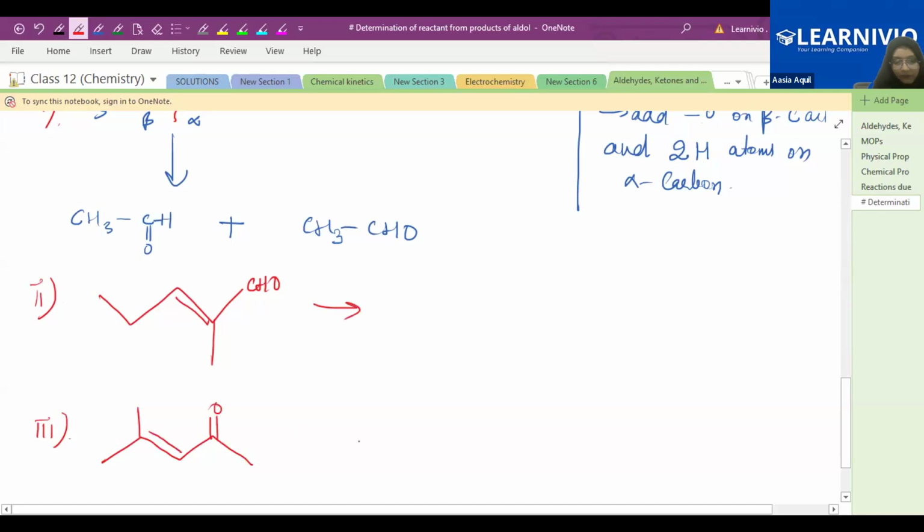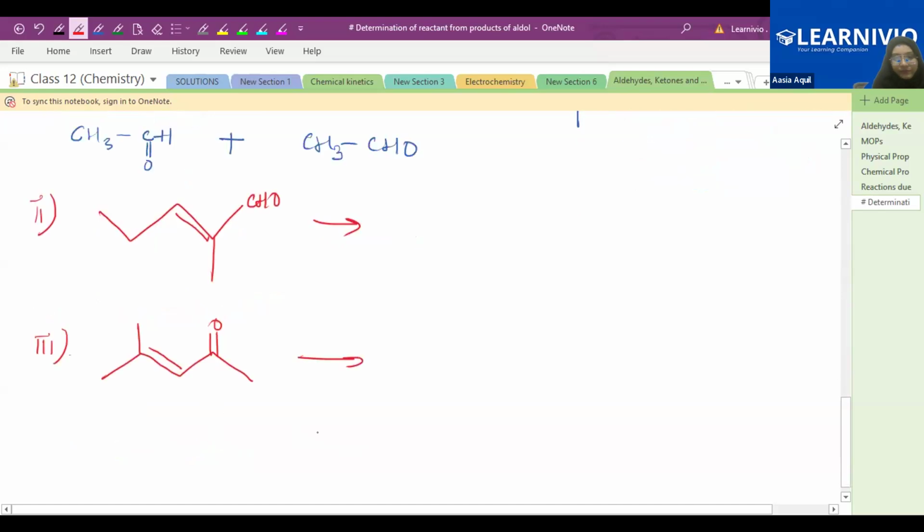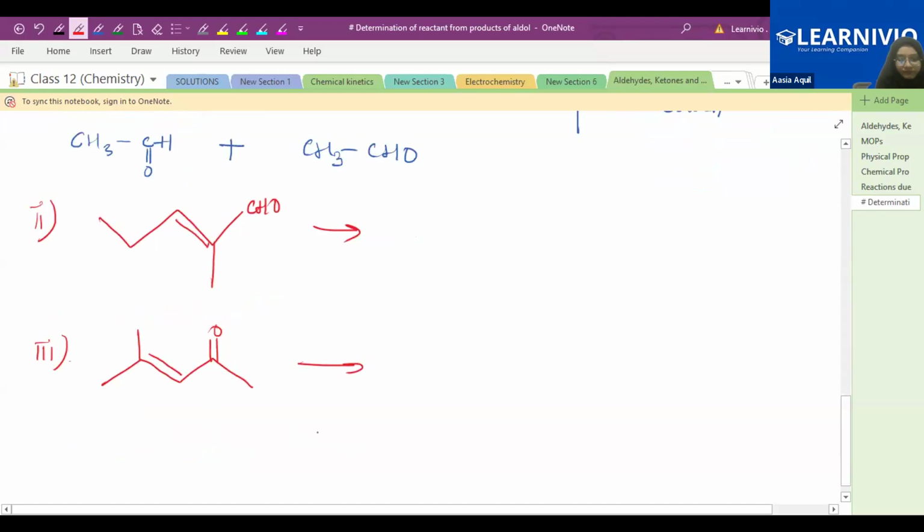Now write down the reactant. Identify the alpha and beta carbon first. Just break the alpha and beta bond. Just convert the beta carbon. Okay, beta carbon में आपने क्या attach करना है? Just oxygen, and alpha carbon, two hydrogen. Just attach two hydrogen. You will get the product or reactant.